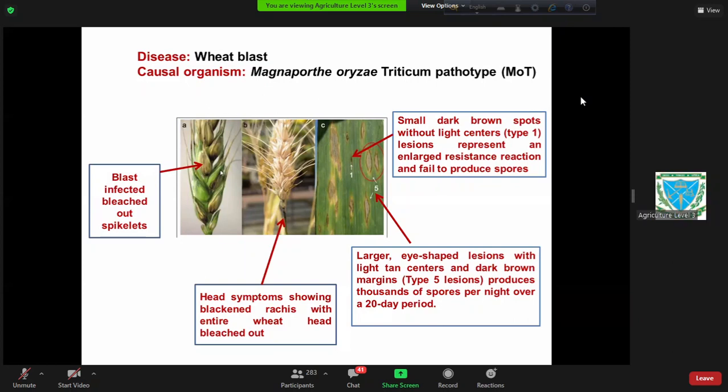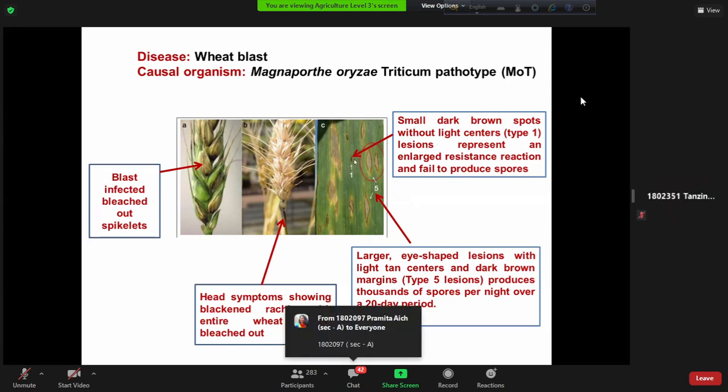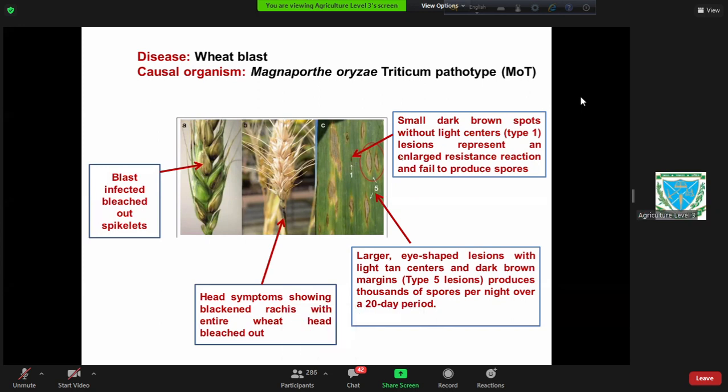So what we can see, if we notice the symptom on the leaf: a small dark brown spot without a light center, type 1 lesion. Where you see at the tip of this arrow, you can see the dark lesion. We call it a type 1 lesion, a dark brown lesion without any light center. And this indicates that this wheat variety is resistant.